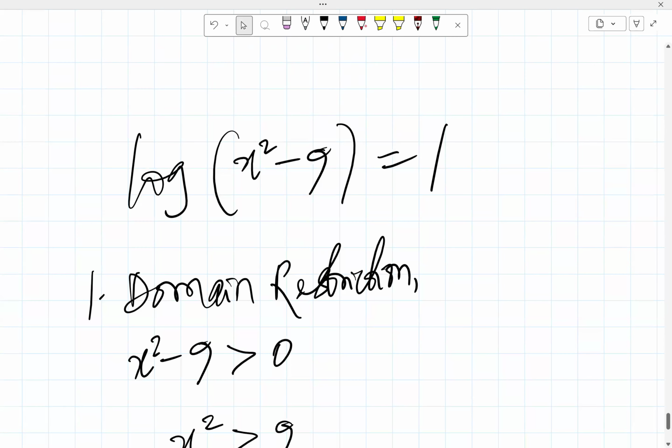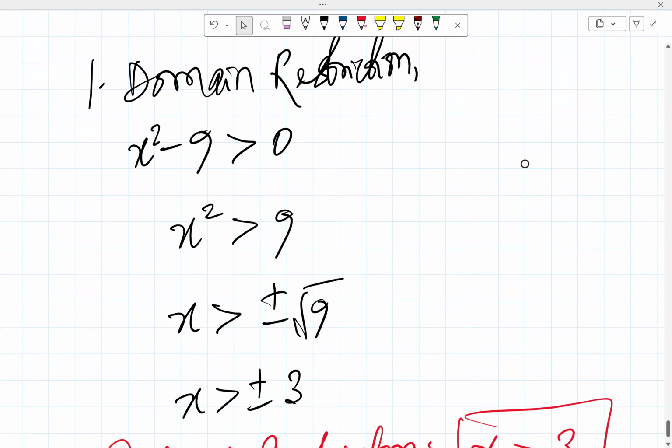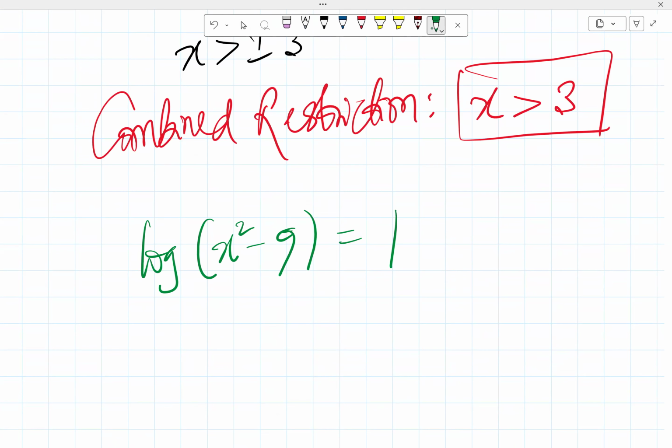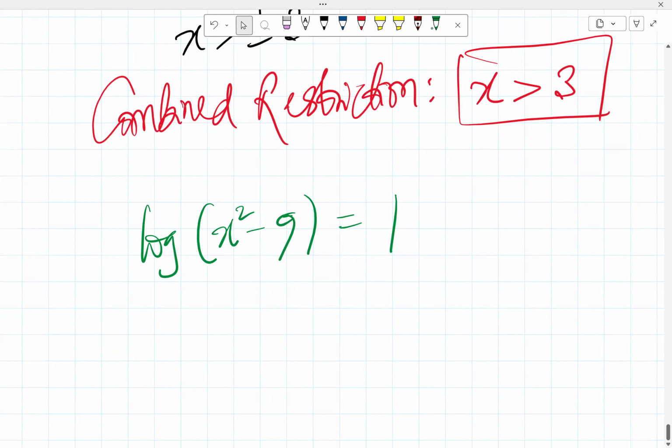So we then have the laws of logarithm, right? Using the laws of logarithm, we have log(x² − 9) = 1.